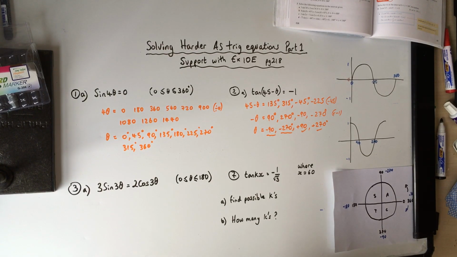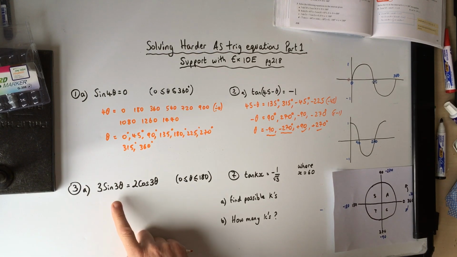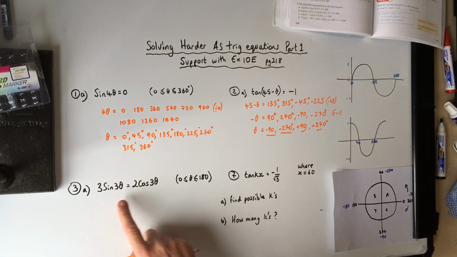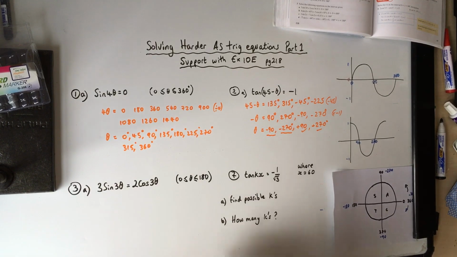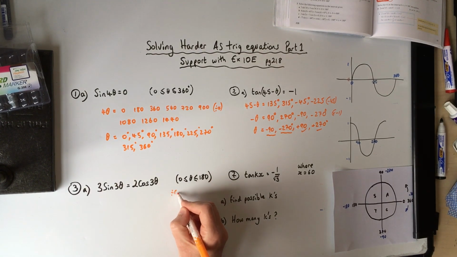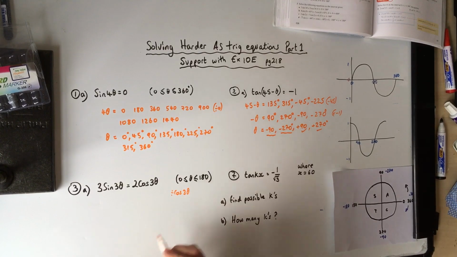Okay. So we are looking at this one. What are we doing? Oh, I thought I'd done 3D in my example above. So anyway, we'll do this one here. Fair enough. I haven't got this written down, so I'm going to have to work out these values. Divide both sides by cos 3 theta.